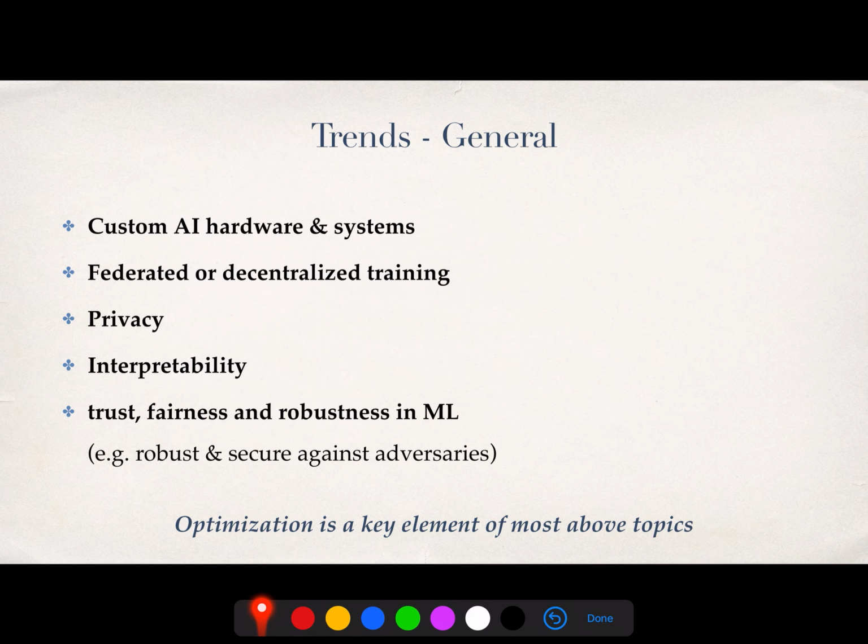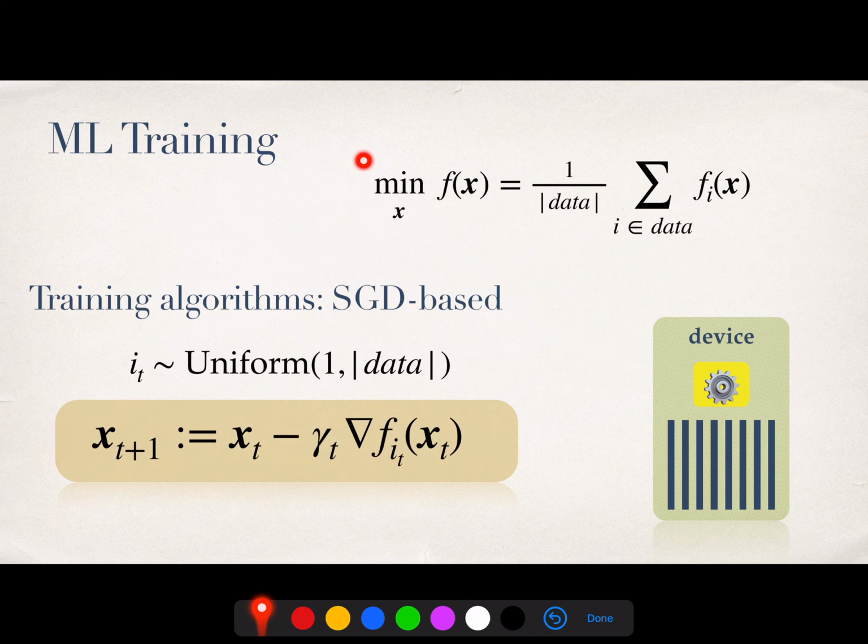Okay, let's become a little bit more concrete again. So this is the algorithm we have been talking about for almost the majority of the whole course so far. The problem we're solving is a finite sum problem over the data points. So we have a data set, and every element has its own loss function, and then we want to minimize the finite sum of these.